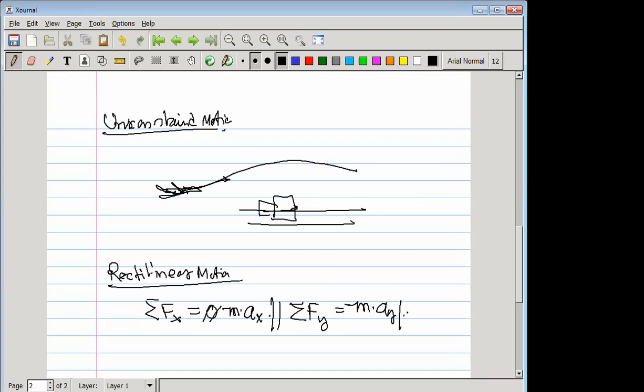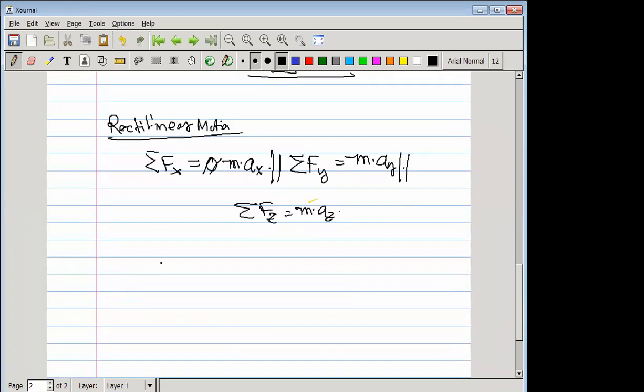And if it is a 3D case, or any 3D particle, then the summation of Fz equals mass times acceleration along the z direction. And you all know that this F, if we write it in vector terms, is nothing but Fx i plus Fy j plus Fz k.